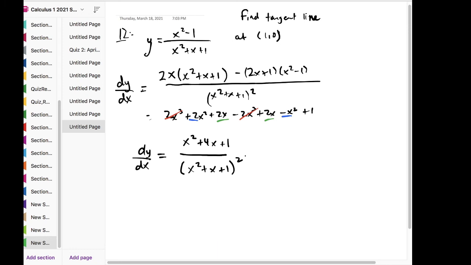Okay, and then you plug in 1, right? This is 1 plus 4 plus 1 over 1 plus 1 plus 1 squared, which is 6 over 3 squared, which is 2/3.